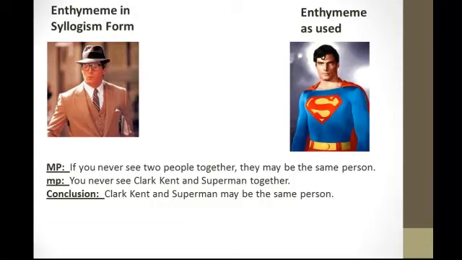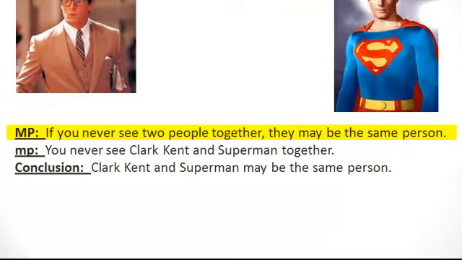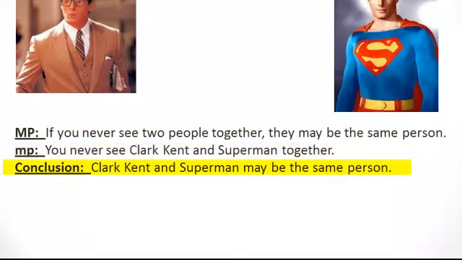Look at the syllogistic form, the enthymeme in syllogistic form. Major premise, if you never see two people together, they may be the same person. The minor premise, you never see Clark Kent and Superman together. Again, I've now tied it to very specific things. It's more particular. The conclusion, Clark Kent and Superman may be the same person. That is the enthymeme in syllogistic form.